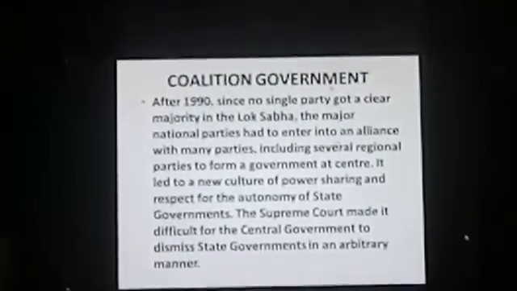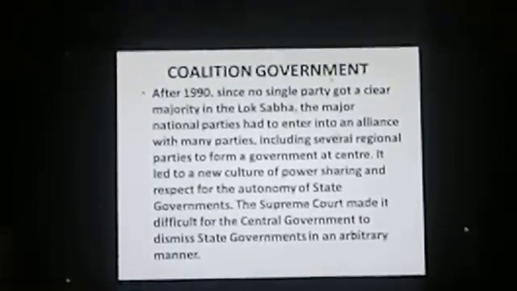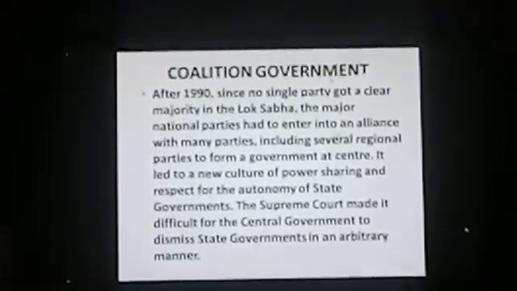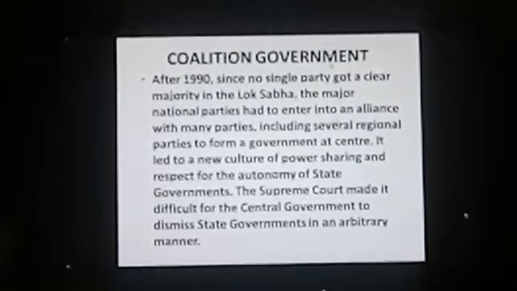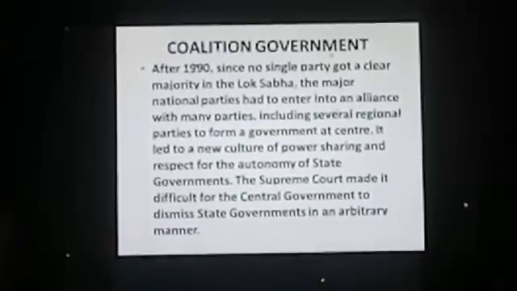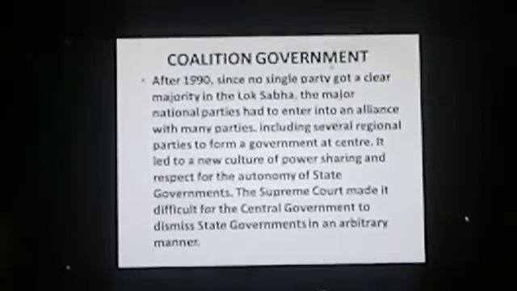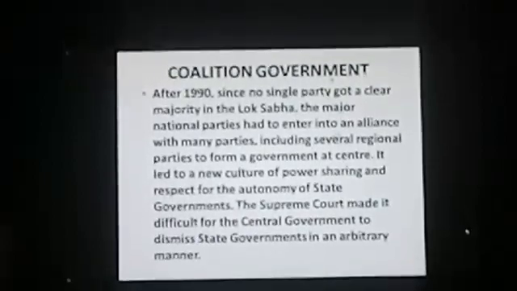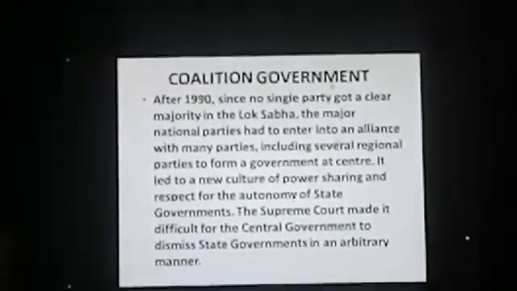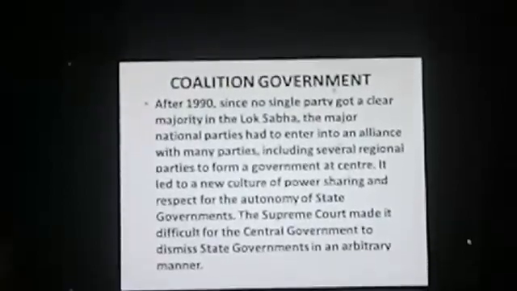When this government is formed by an alliance of political parties, we call it a coalition government. This type of government means more effective power sharing between the political parties. This power sharing strengthens the roots of federalism. Students, we see that the coalition government has actually worked better in our country.